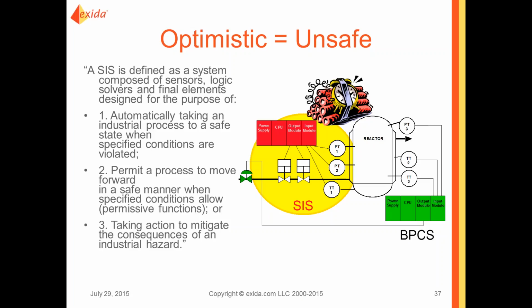So a safety instrumented system works to automatically take the process to a safe state when conditions are violated, permits the process to move forward if conditions are met, or takes an action to mitigate a hazard. So it's the last place in the plant you would want to be optimistic on data.